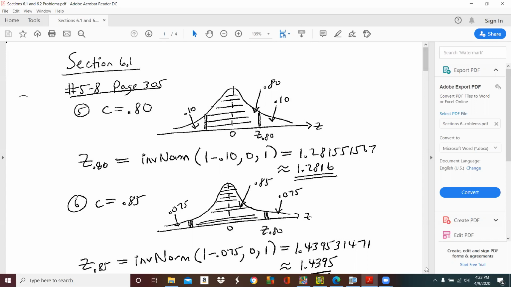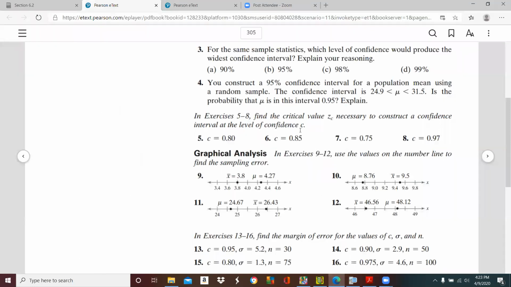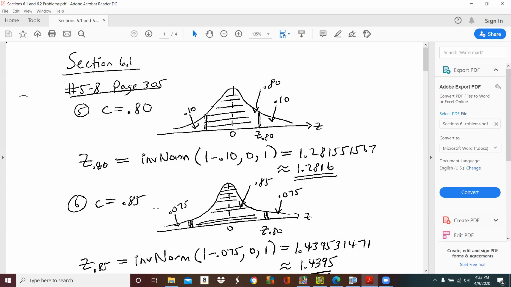Number 6 of the question asks for a level of confidence of 0.85. Well, that just means the middle area now is 0.85. What's left is 0.15. Half of it to the left, 0.075, half of it to the right, 0.075.